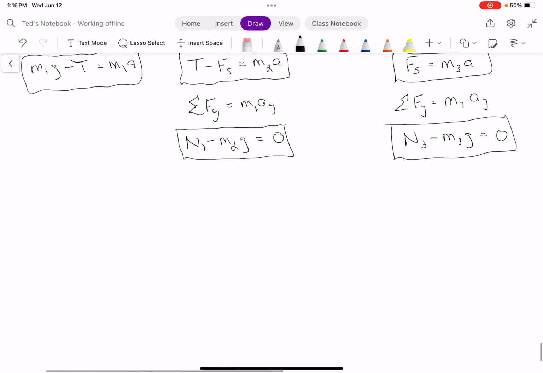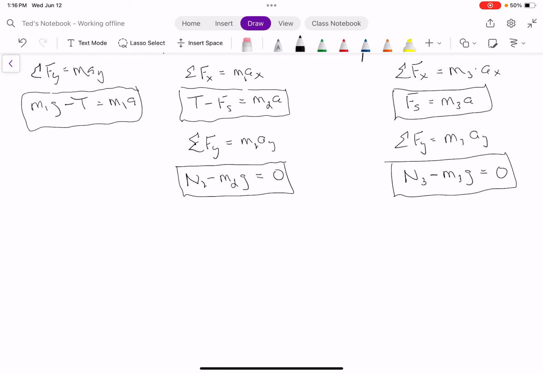So let's find the acceleration first. Okay, so it turns out to find the acceleration, we're not going to need these 2 equations. So let's look at the top 3 equations. On the left, I can use this equation to say that tension is equal to m1g minus m1a.